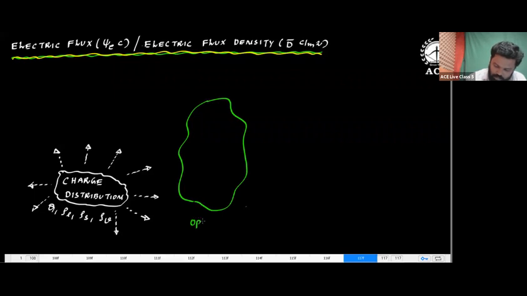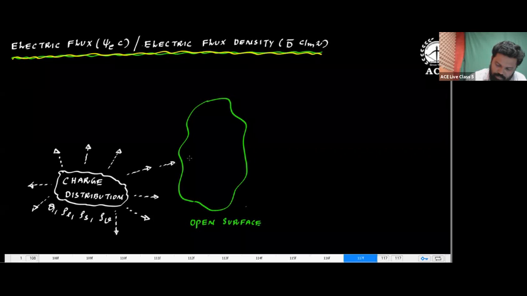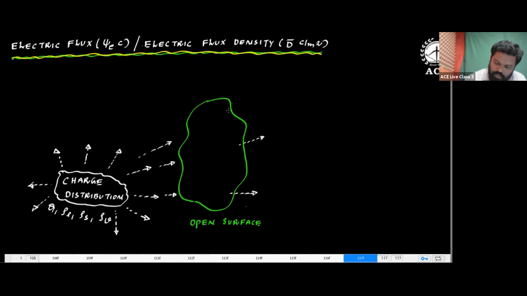What kind of surface is this? Open surface. The field lines are entering from here, leaving from here. So I want to find out, that is nothing but a flux, isn't it? The amount of vector field crossing the given surface is nothing but a flux, isn't it?